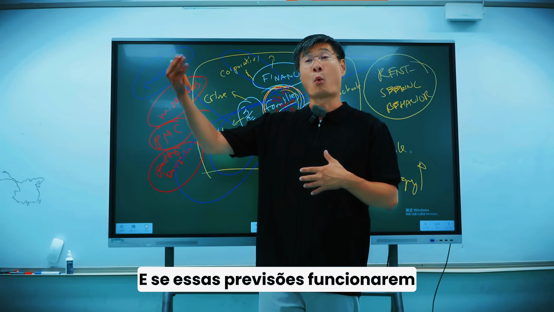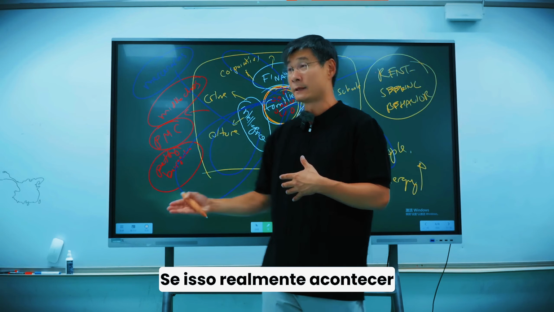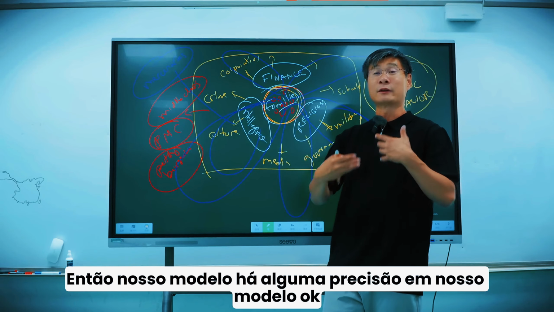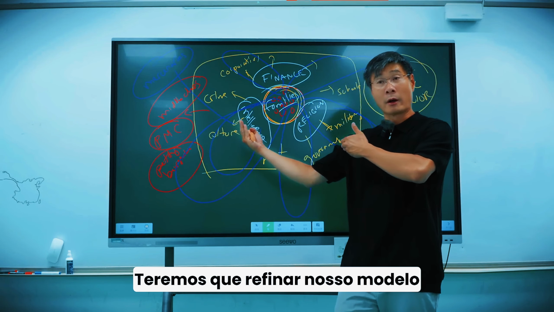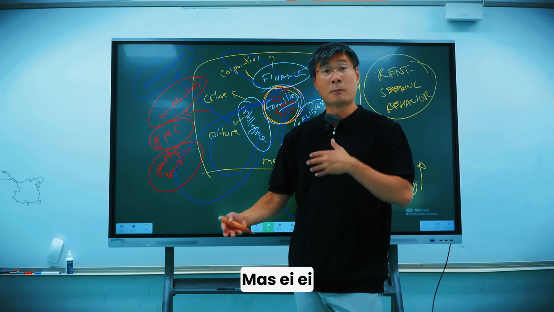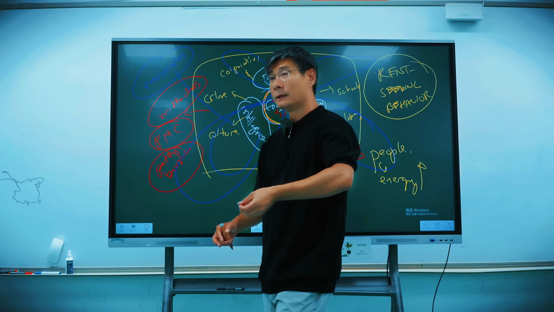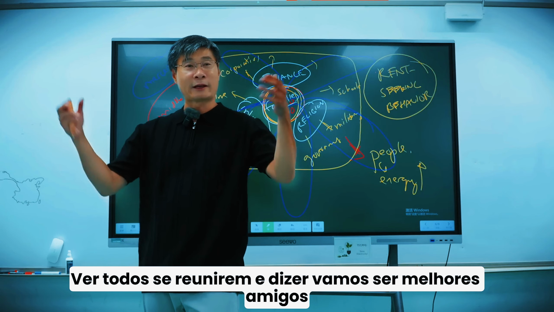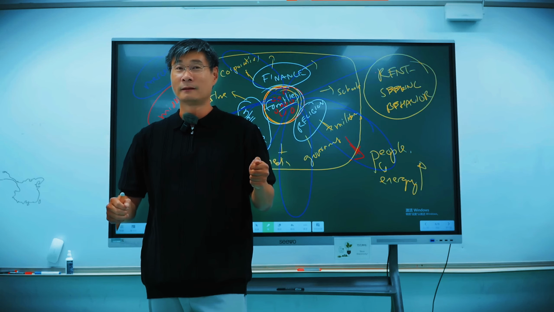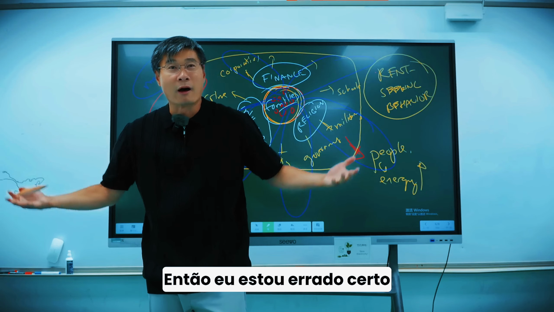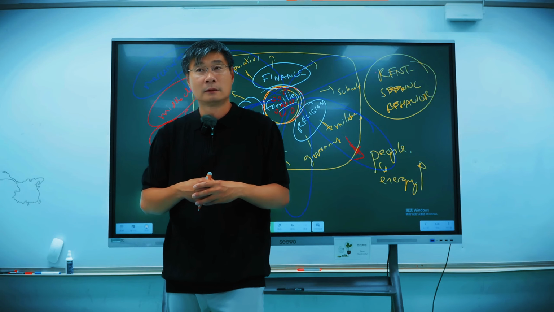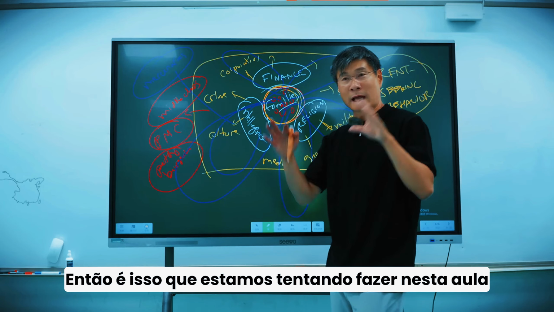And if these predictions work out, then there's some accuracy to our model. We'll have to refine our model, but there's some accuracy to it. But hey, if tomorrow Trump, Putin, Xi all get together and say, let's be best friends, then I'm wrong, right? So that's what we're trying to do in this class.